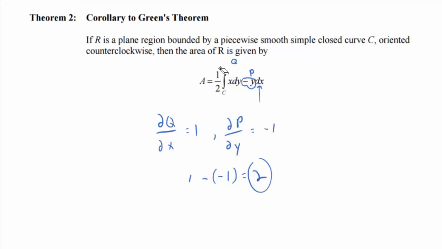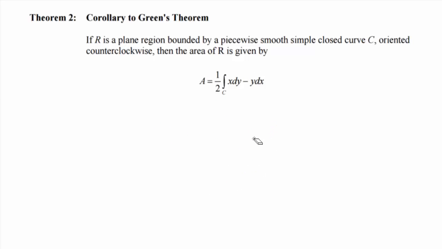But there's an infinite number of ways you could create area formulas. So here's 2 others. If you just took the integral over C of x dy, and you leave off the 1/2 and you leave off this part, then that x is still q, right, from the vector field? So dq dx would be 1, and dp dy would be 0.